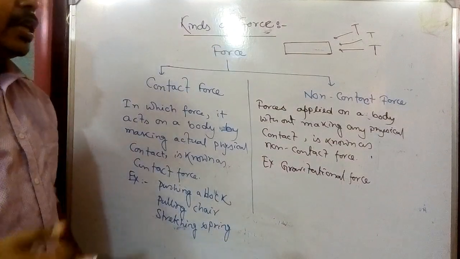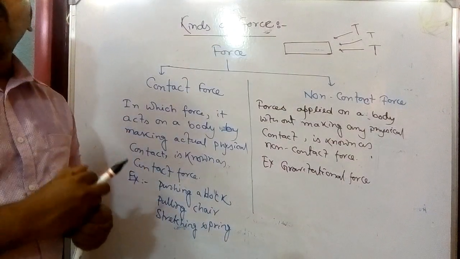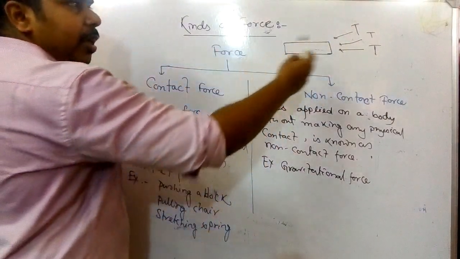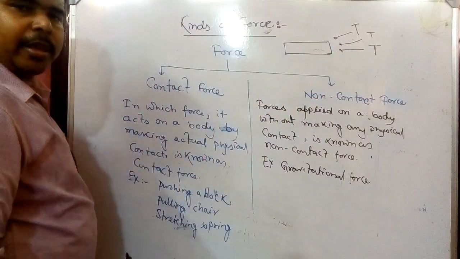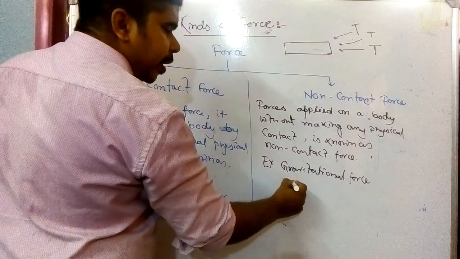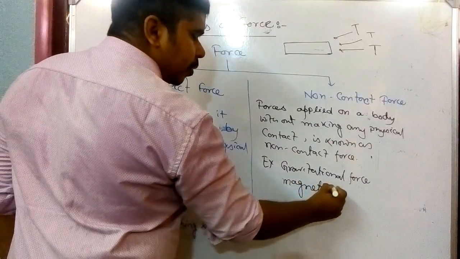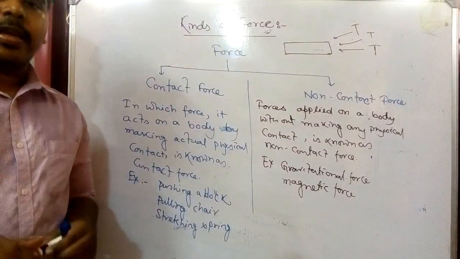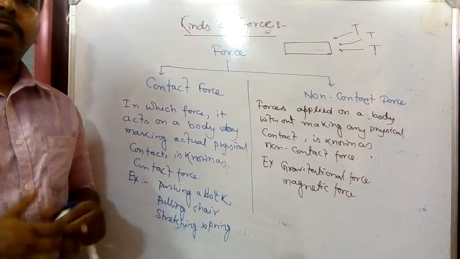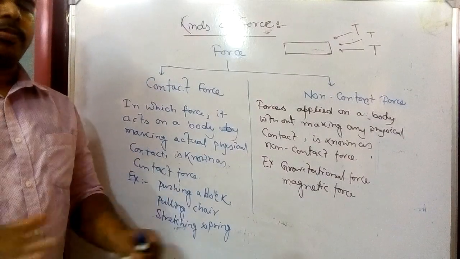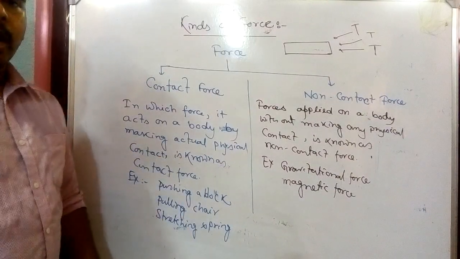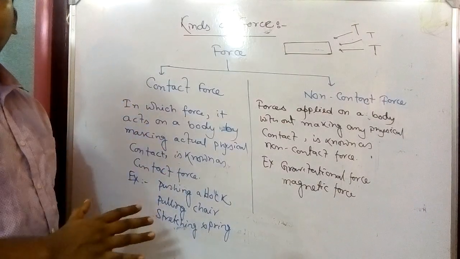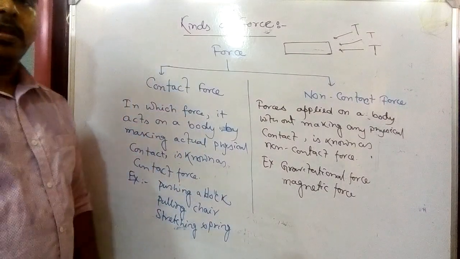No, because it is also a non-contact force. The force is exerted by the magnet on the pin, but there is no connection, no contact between them. So magnetic force is also a non-contact force. In this case, the forces are applied on a body, but there is no connection between the object and the body. Now we will discuss each and every example of contact force and non-contact force. Let's see.